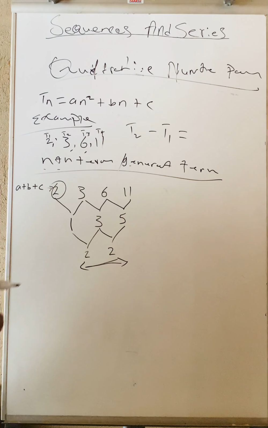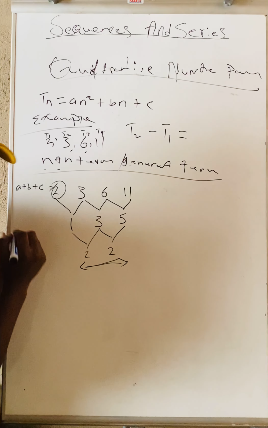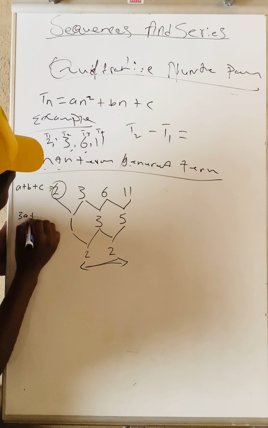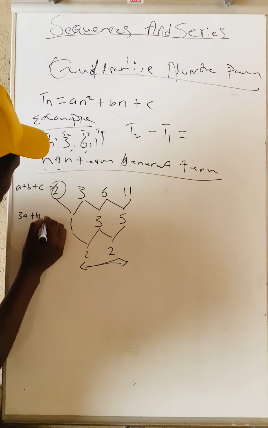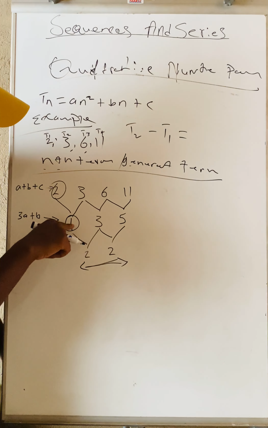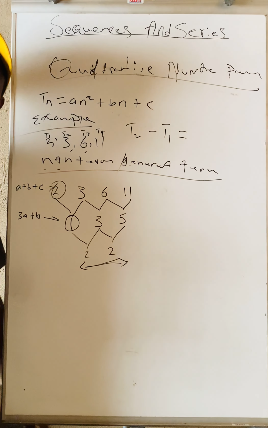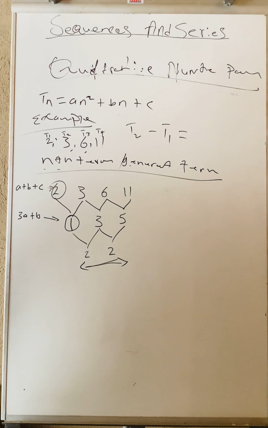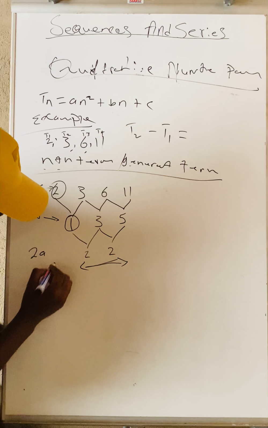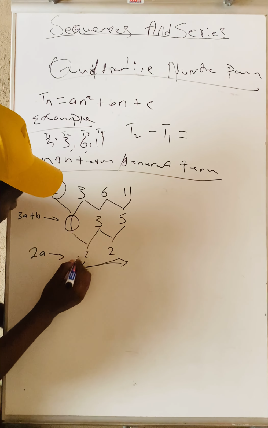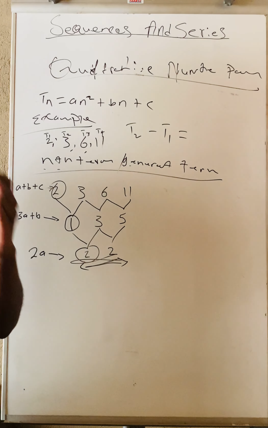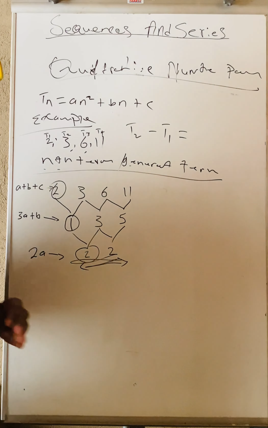Again, we have another formula, which is 3A plus B. It goes with the first term of the first difference. Again, we have another one: 2A goes with the common difference. This thing is very simple.